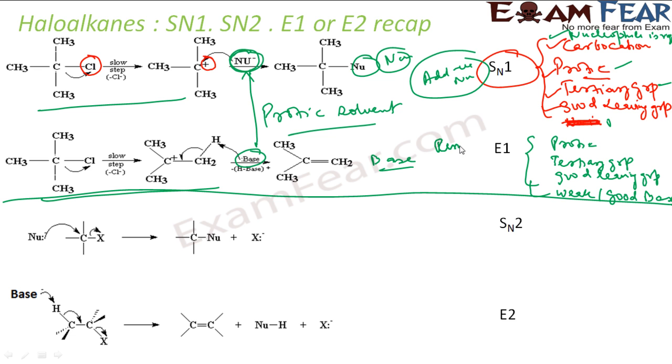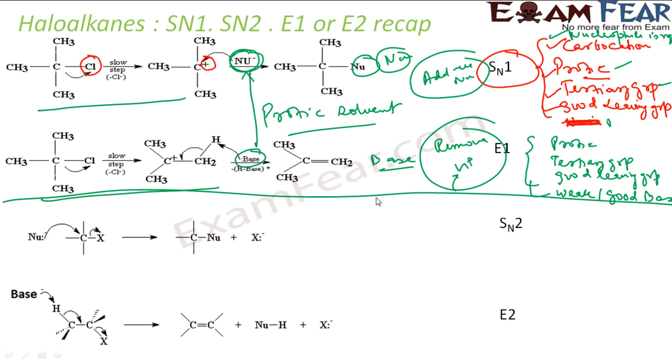Here you remove H plus, and to remove H plus you need a base, right? To add a negative charge you need a nucleophile. So that's the difference. If you have a nucleophile, it will attack this carbon and form a bond. It will become a substitution reaction, SN1 reaction. If there's a base, it will take out this hydrogen from here and form a double bond.